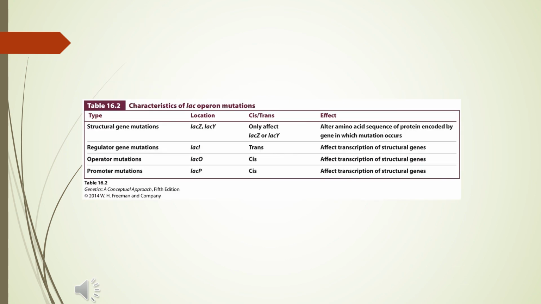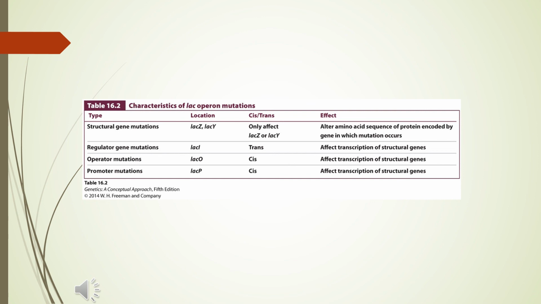Now to the conclusion of mutations. First of all, structural gene mutation, location lac Z, Y, only affects lac Z or lac Y. The effect will be to alter the amino acid sequence of the protein encoded by the gene in which the mutation occurs.